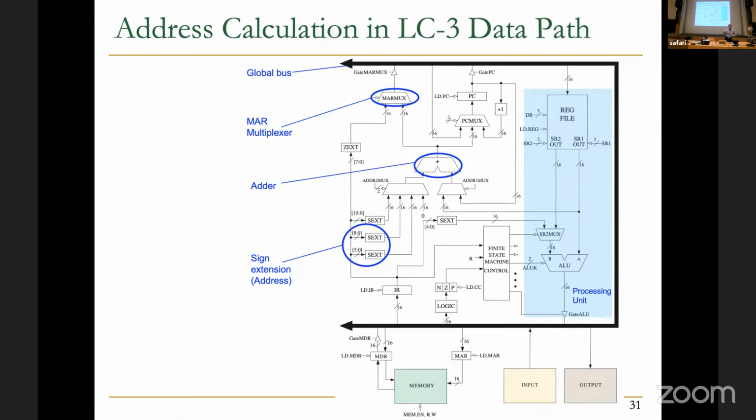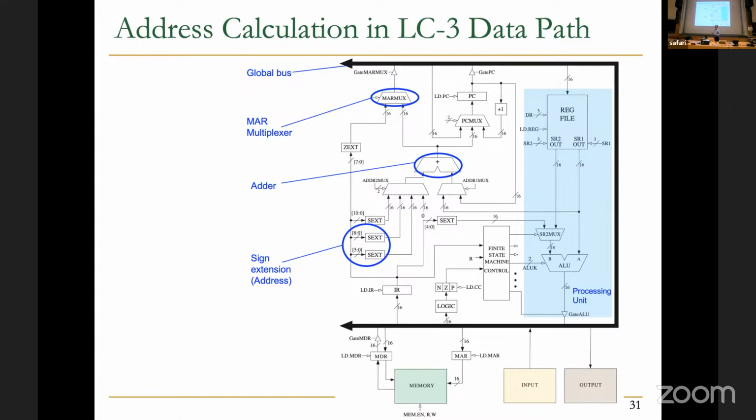Remember the instruction processing cycle? You fetch, you decode, you evaluate address, and we said that we increment the PC in the fetch stage. So when you go to the evaluate address, the data value inside the program counter register is PC plus 1. It's not the same PC that you started with when you started fetching the instruction.